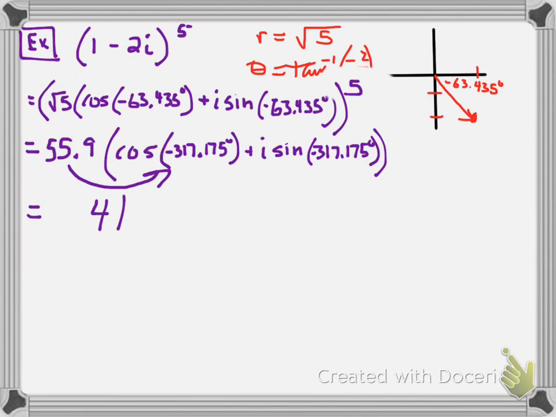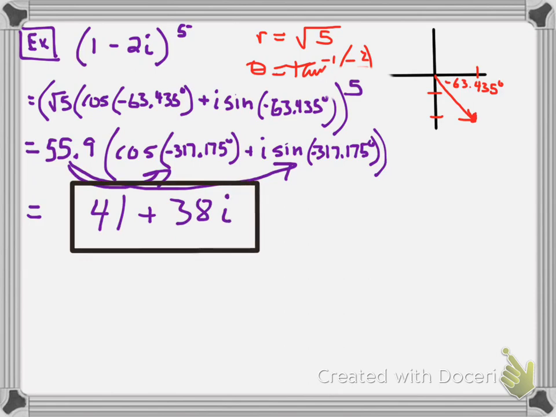And then 55.9 times the sine of negative 317.175 degrees is... we got to hurry. What do you get? 38i. .000 or something like that.